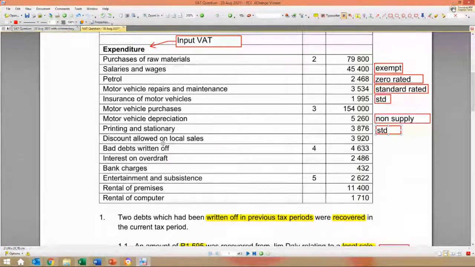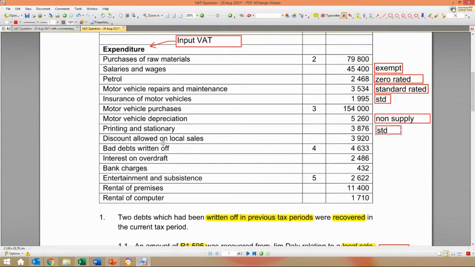Okay, so let me repeat this. If I made a local sale normally, what type of supply would it be? Okay, Alzan says it's standard rated. Now, if I give discount on that supply, that would also be the same type of supply as the original sale.